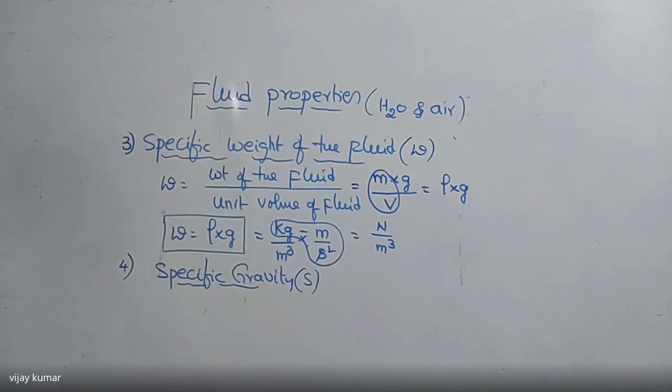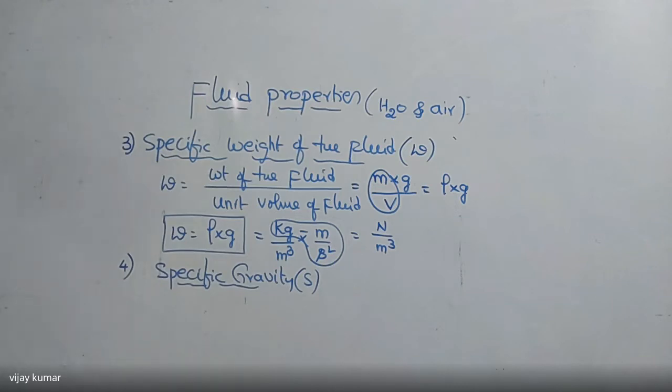That is, I'm going to compare the specific weights of all liquids in our nature with respect to the standard fluid. What is the standard fluid here? Water. As same as, I'm going to compare the specific weight of all gases with respect to the specific weight of the standard gas. What is the standard gas here? That is nothing but air. So I'm going to compare the specific weights of two fluids. That is, one is the standard fluid, one is any type of fluid.